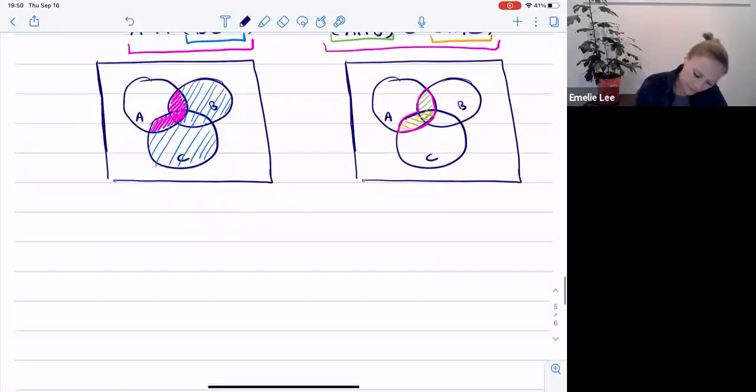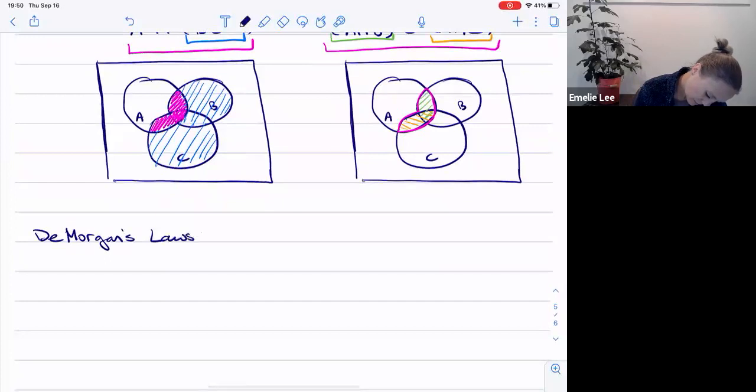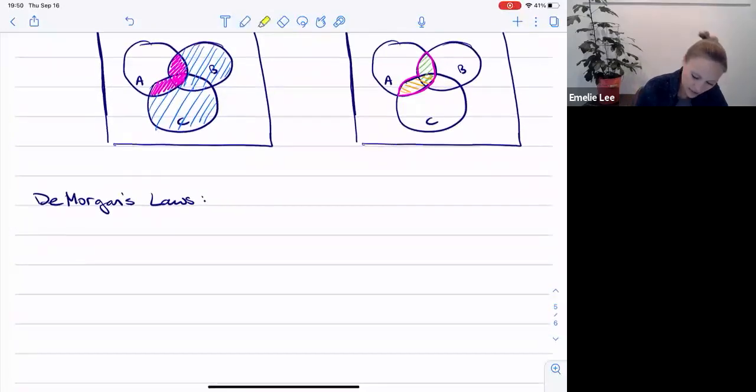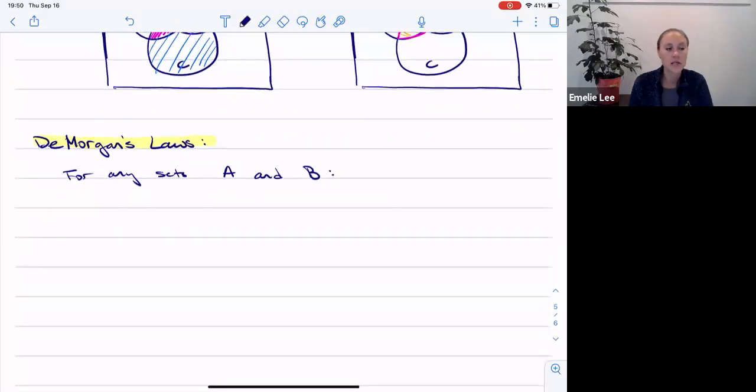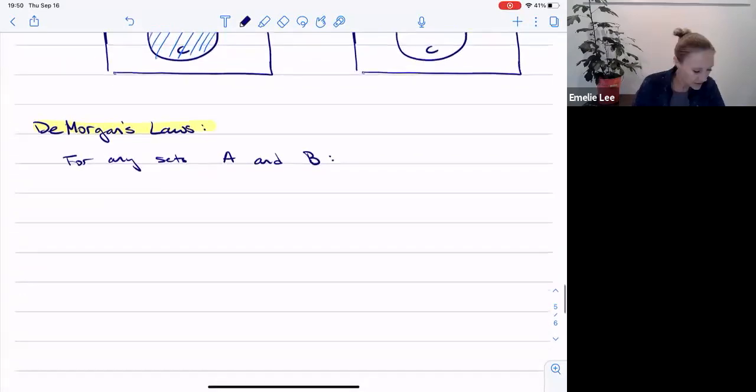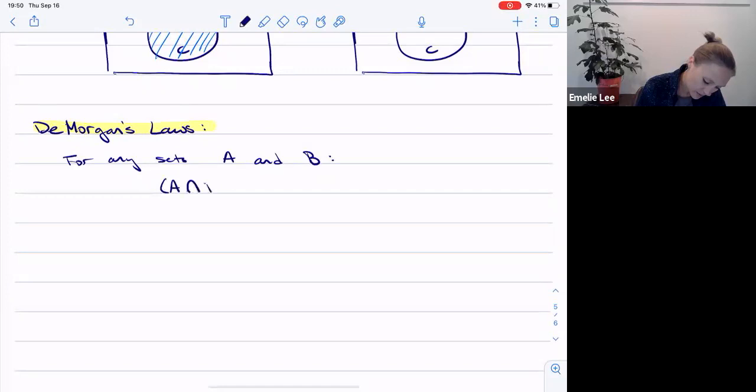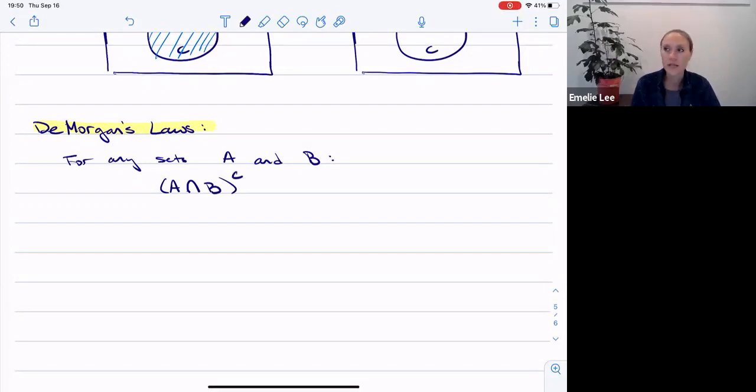Okay, so De Morgan's laws says, and I'll highlight that because that's going to be important, for any sets A and B, De Morgan's laws, notice that it's plural, it's because there are two of them, says that the complement of (A and B), notice that that's in brackets, is going to be the complement of A or the complement of B.